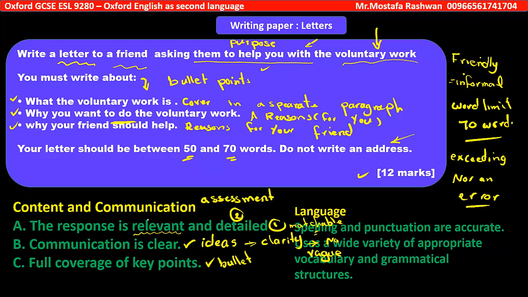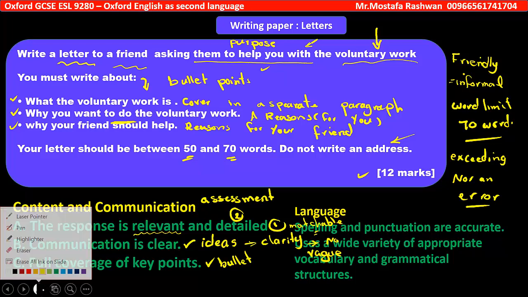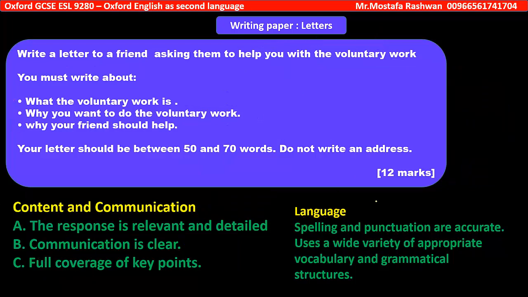Nice. Let's see, in terms of language, what should I provide? Your language features in the letter writing must be accurate. Here you are evaluated based on accuracy. What accuracy means?